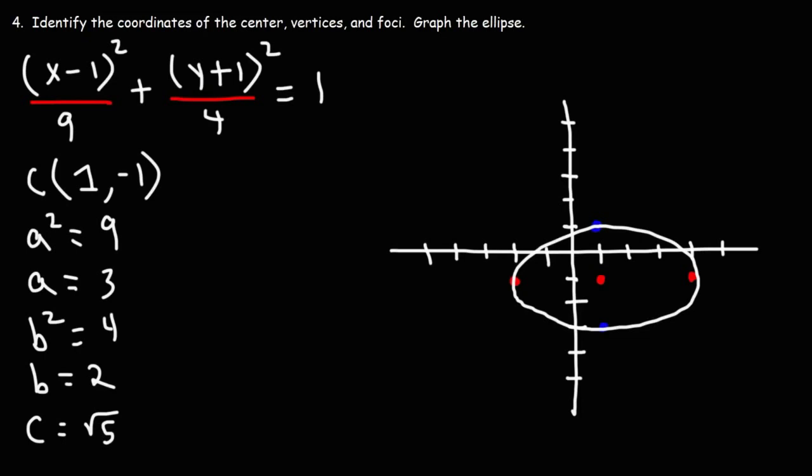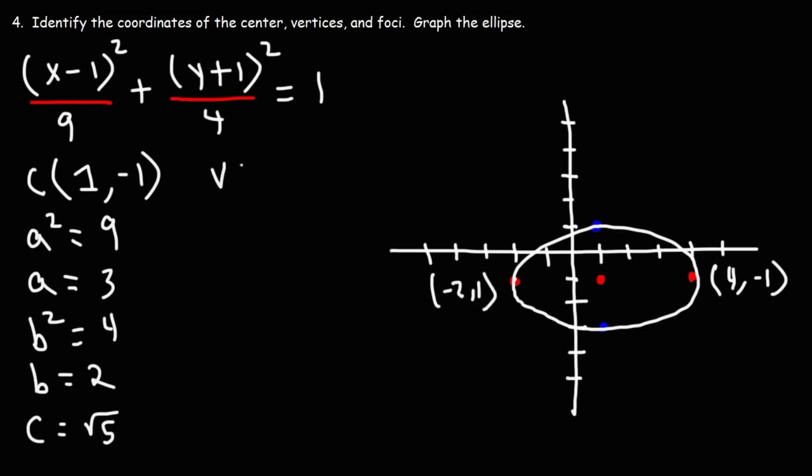Now let's identify the coordinates of the vertices. If you ever forget the formula, you can just look at your graph. So here we can see that it's 4, negative 1, and here the x value is negative 2 and the y value is negative 1. So it's negative 2, negative 1.